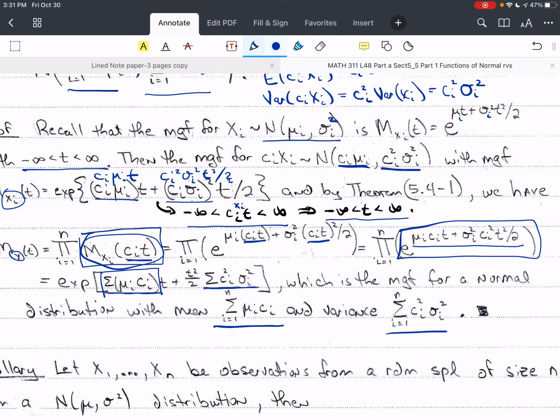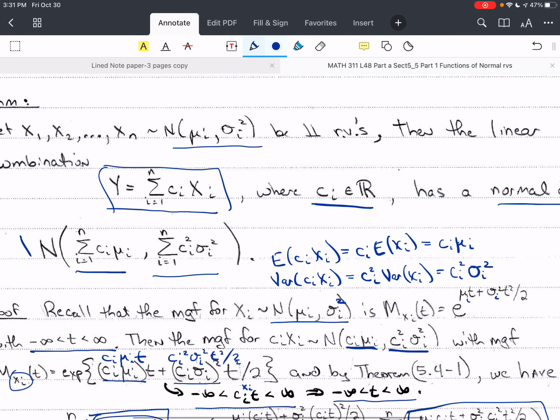And then over here we ended up with the sum of ci squared sigma i squared from i equals 1 to n. Okay, so here we have the mean and the variance using the MGF formula, and so we have proved that this has this normal distribution here.